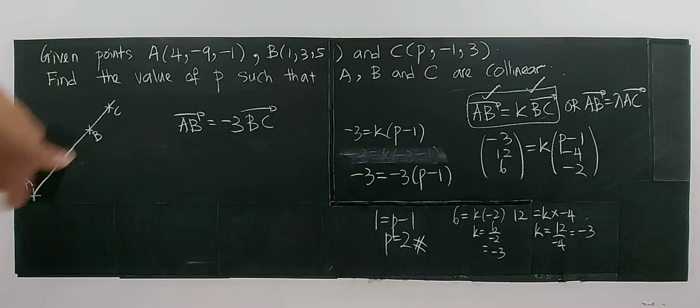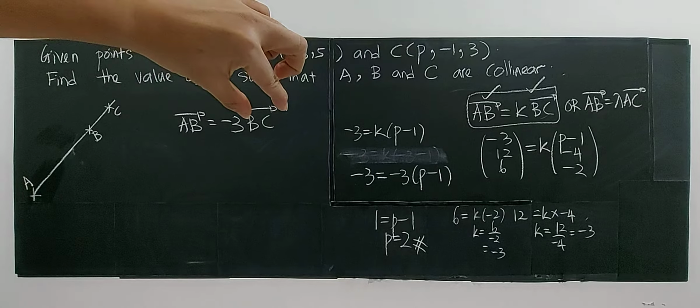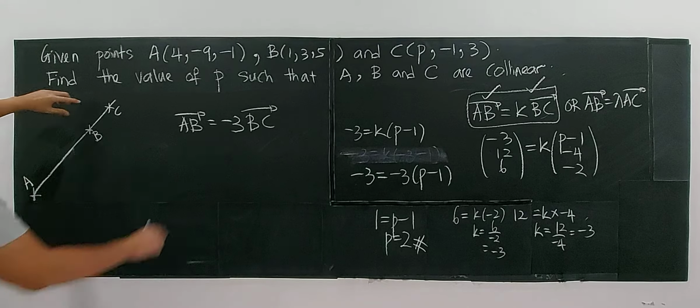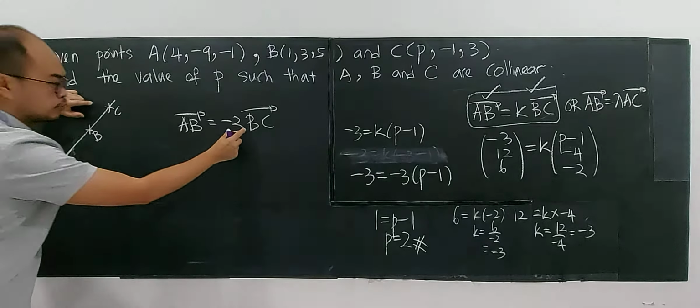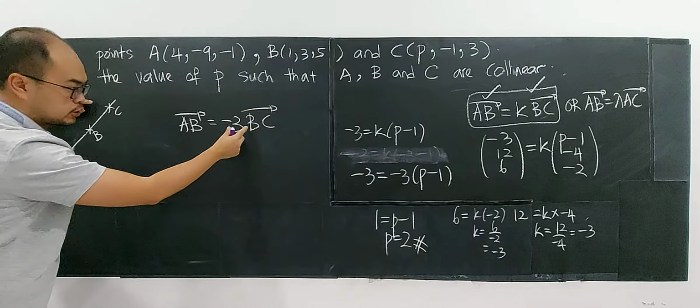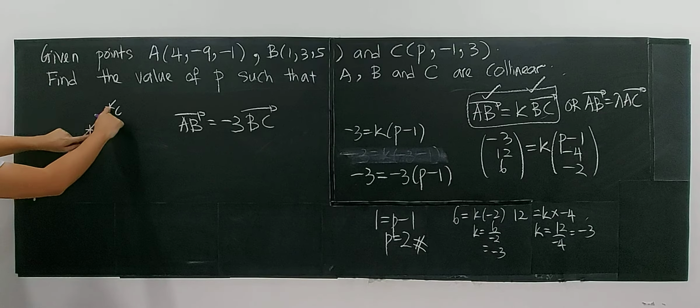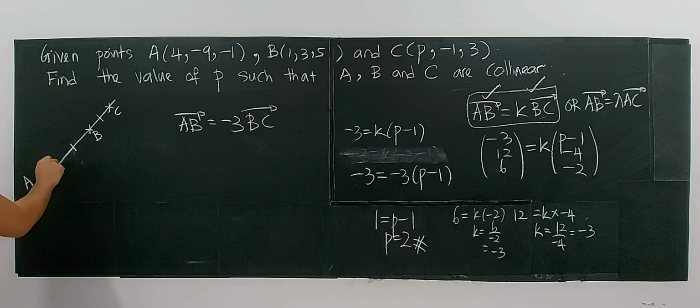Alright, and draw the diagram. You see that ABC, so AB is 3 times the length of BC, right? Don't look at the negative one first. The meaning of 3 here, the scalar, the negative tells you the opposite direction, and the 3 tells you that it's triple, right? For example, this one is 1 unit. This one will be 1, 2, 3.